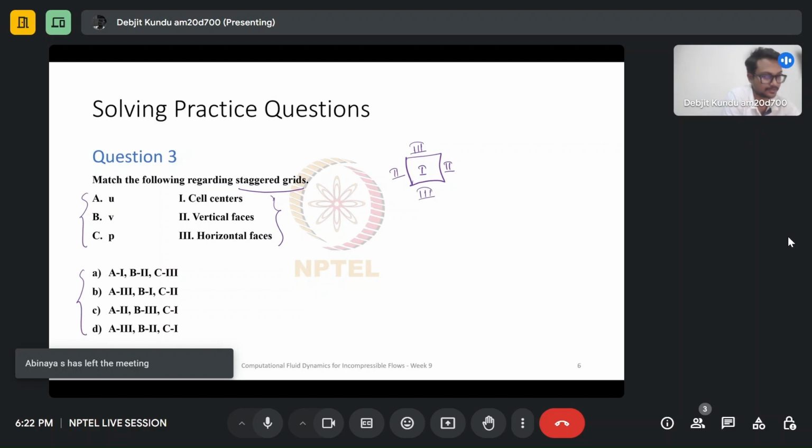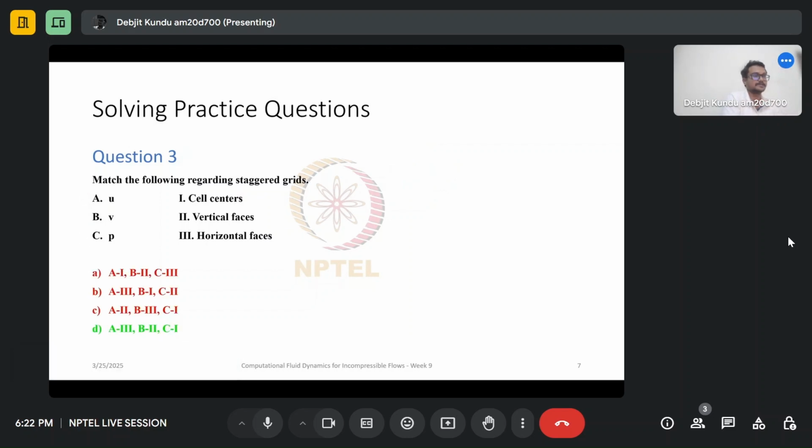Alright, let's take a look at the answer. It is A3B2C1. So I think there was a mistake in the previous slide. So this is what I mean. This is the cell center, and these are the horizontal faces. Actually, no, the horizontal faces should be the other way around. So, correctly, this is 1, these are vertical faces, and these are horizontal faces.